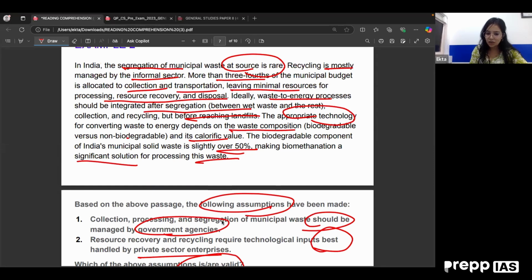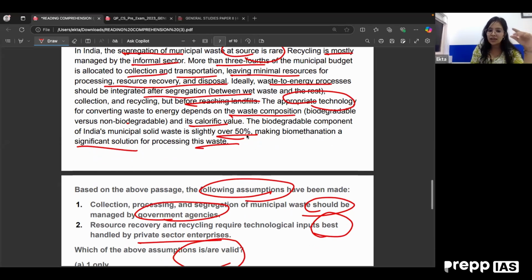But definitely I can say कि author के mind में ये दोनों assumptions नहीं थी. अगर ये assumptions होती तो मुझे passage में कहीं ना कोई statement मिलता जहाँ पर ही मुझे explicit दिखता, where he would have said that कि recycling के लिए हमें private sector को involve करना चाहिए, right? या collection, processing and segregation में government का major role होना चाहिए. Nowhere I can find a statement like that जो कि इस assumption को valid करे, right?